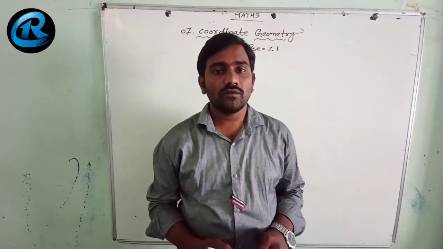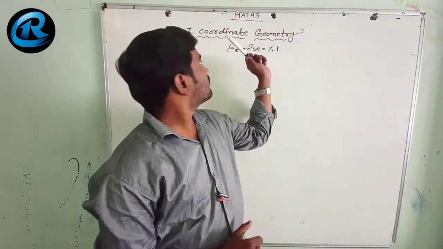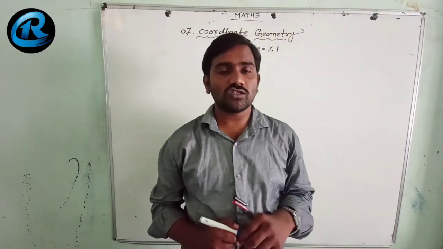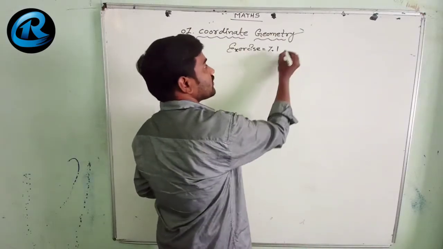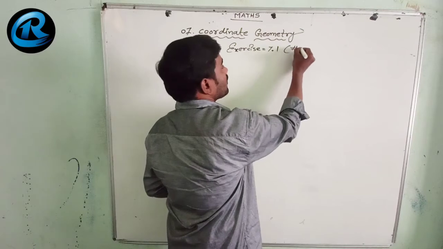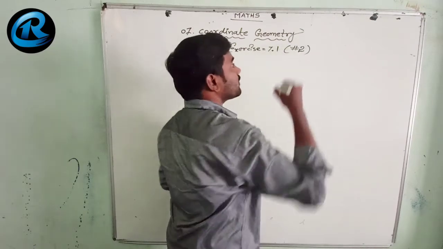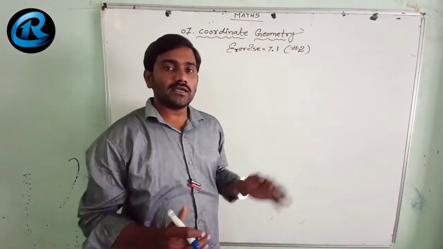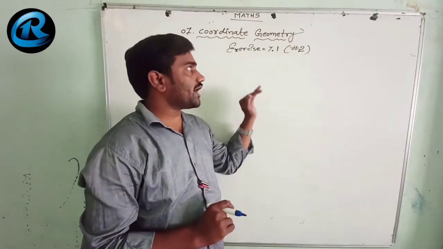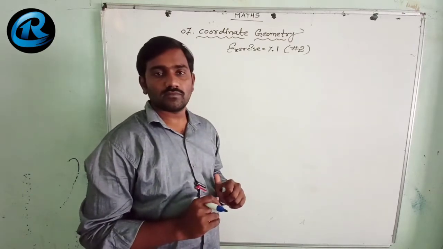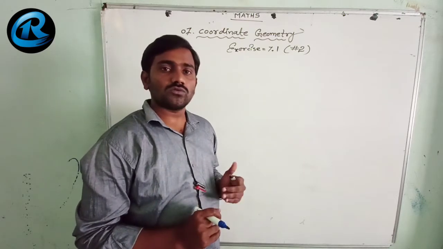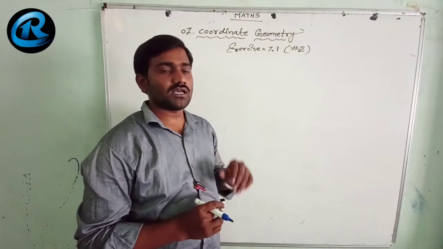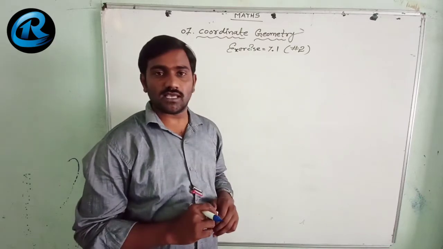Hi everyone, today we are going to learn 10th class 7th chapter, that is coordinate geometry, exercise number 7.1 part 2. Already part 1 we have done. In that part 1 I have explained the formulas of distance in various categories and also the first 5 questions of the 7.1 exercise.